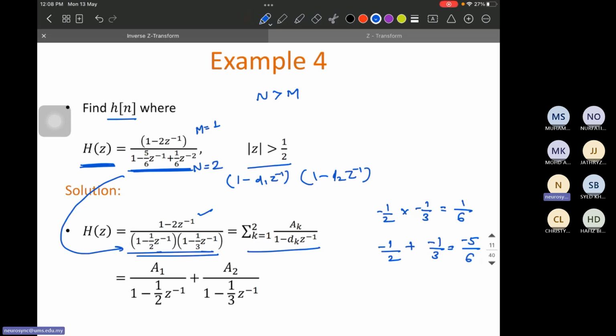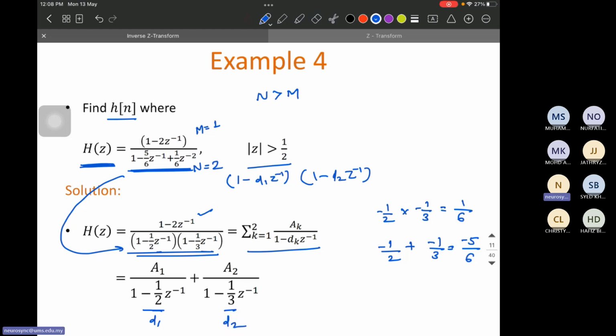For k equal to 1, this is A1 divided by 1 minus 1 by 2 z to the power minus 1, plus A2 divided by 1 minus 1 by 3 z to the power minus 1. Okay. This is d1 and this is d2.